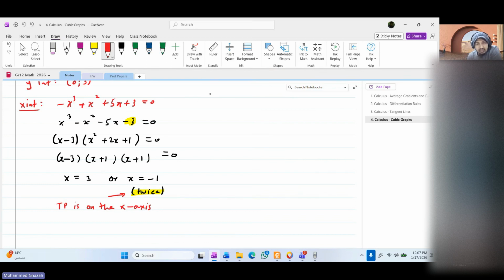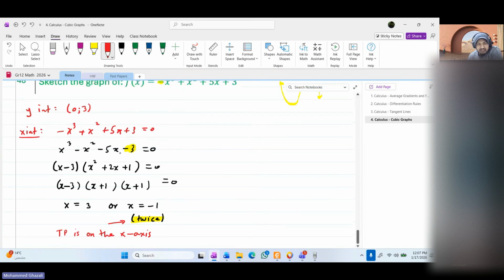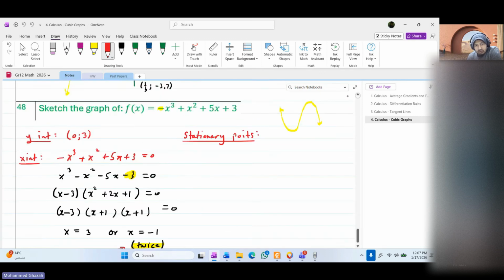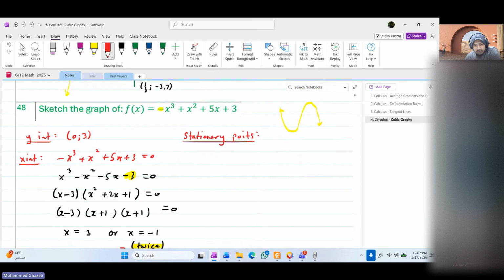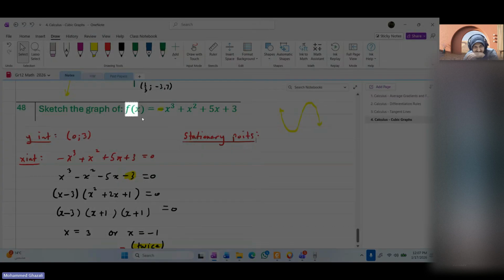Anyways, let's find the next part, which is stationary points. We found the y-intercept, we found the x-intercept, now we're finding stationary points. For stationary points, we already know the function f of x, we need to find the derivative.